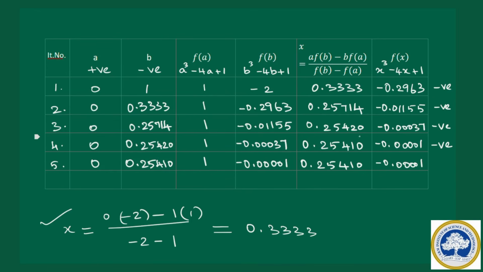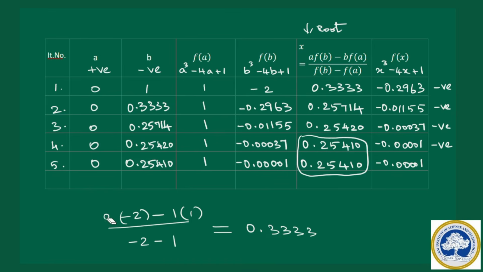So if you see this x value, this x is the root, right? So here iteration number 4 and 5 gets repeated. So we can conclude that this is to be the solution to the given equation.